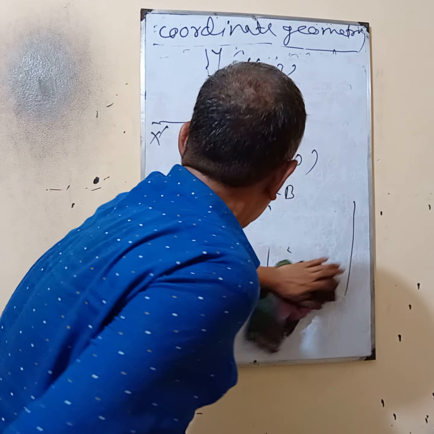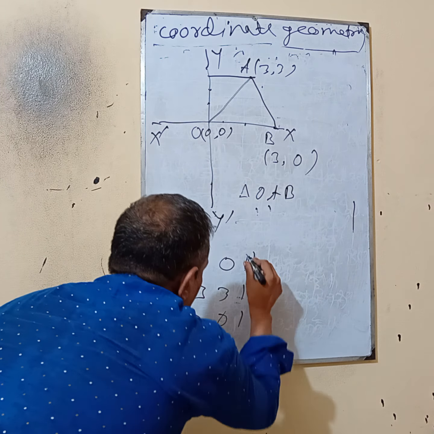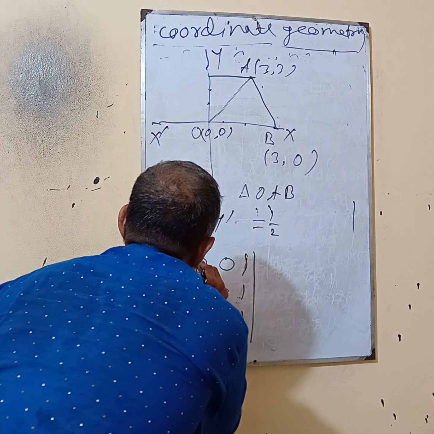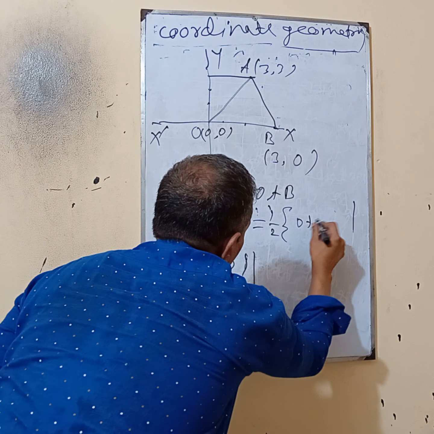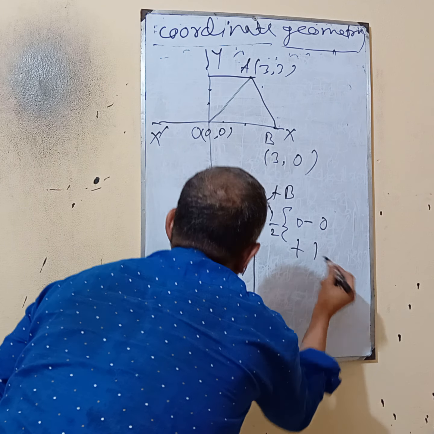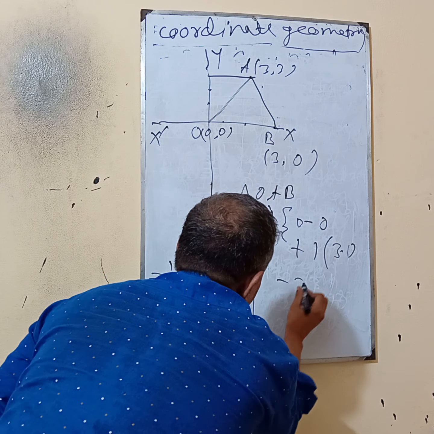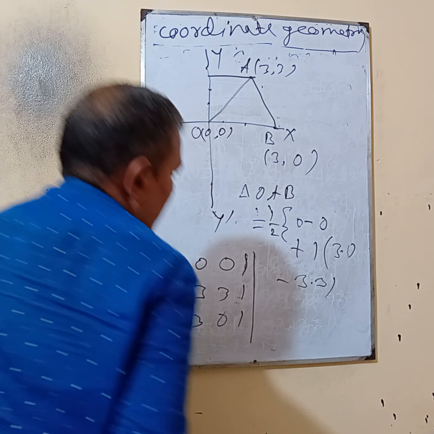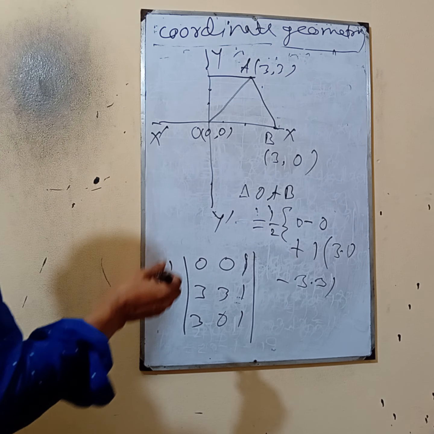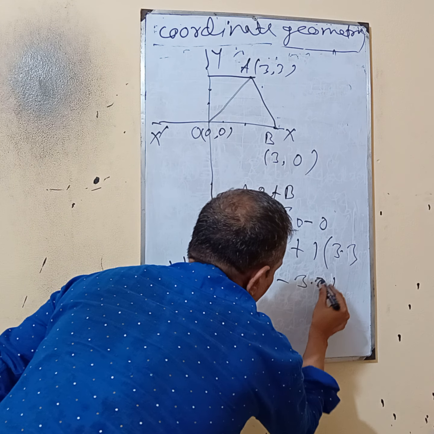Now half of 0 minus 0 plus 1 into (3 into 0 minus 3 into 3).